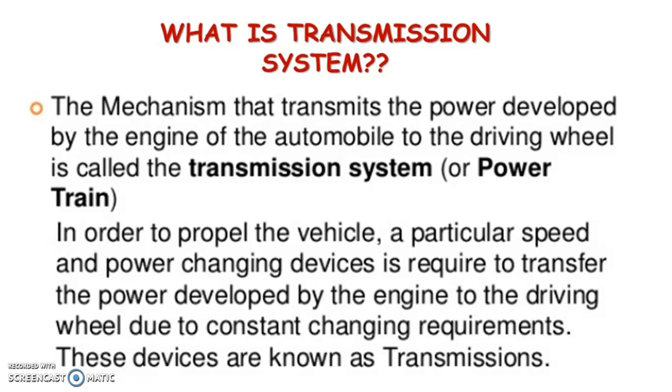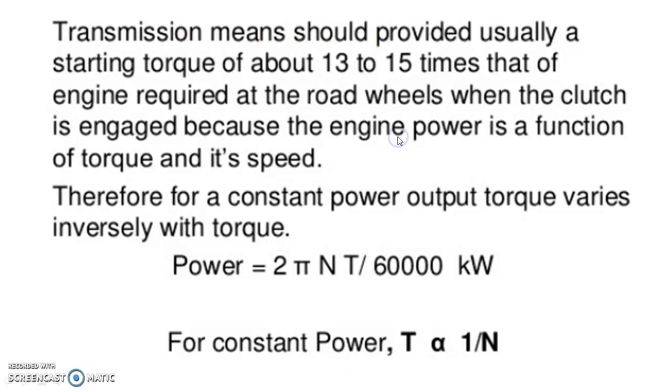So what is meant by transmission? The devices which are used in the transmission system are known as transmissions. Transmission should provide usually a starting torque of about 13 to 15 times that of the engine at the road wheels when the clutch is engaged, because the engine power is a function of torque.